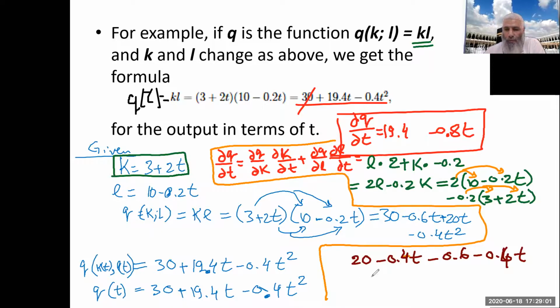So we have 20 minus 19.4, minus 0.8t, and that's it. This is like this.